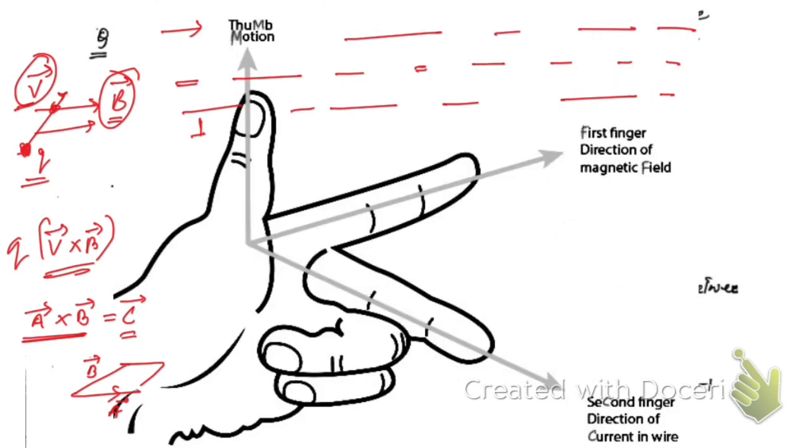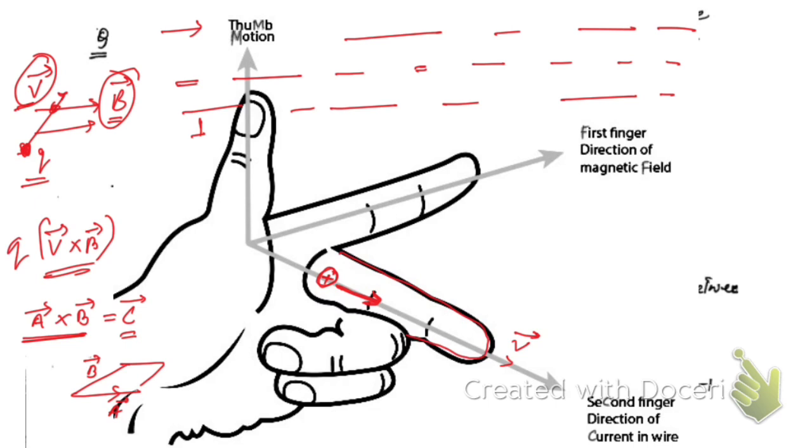So here you see, according to Fleming's left hand rule, the second finger or the middle finger represents the current. Suppose this is a positive charge moving in this direction, since we consider the direction of current as the direction of the flow of positive charge, with velocity v.